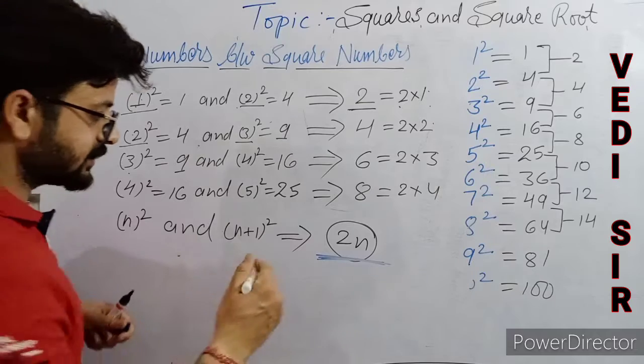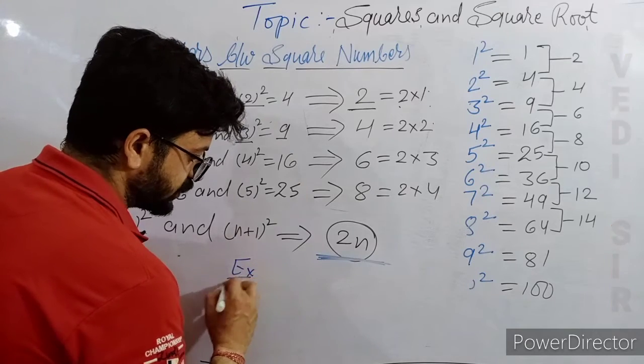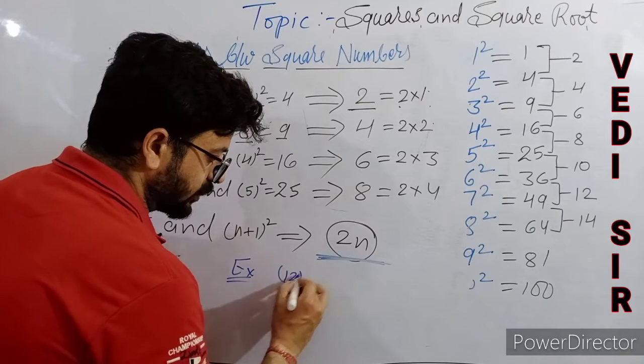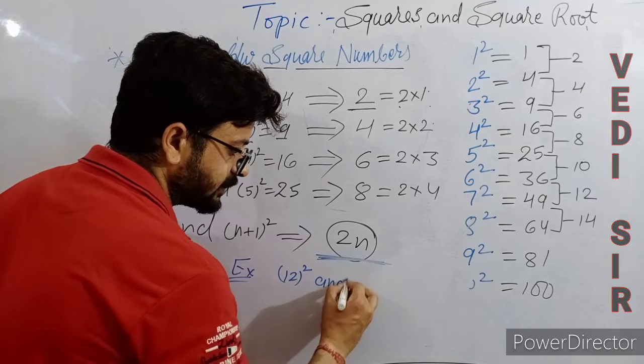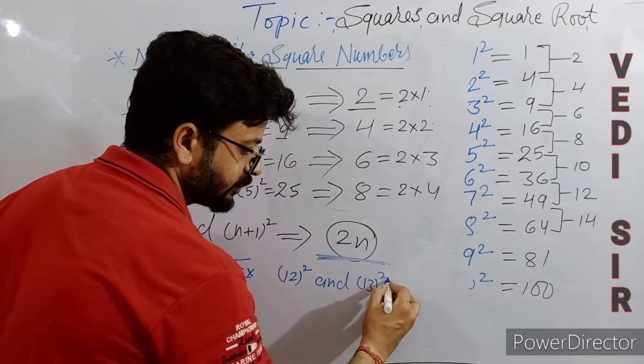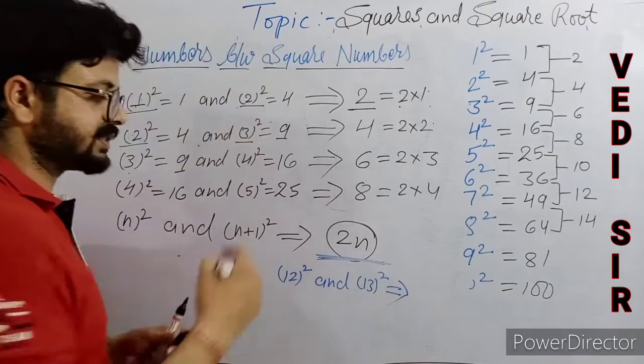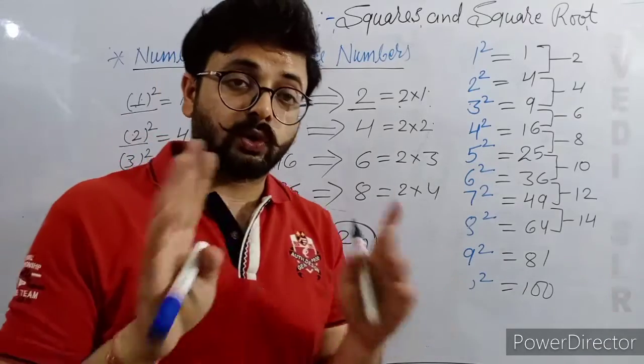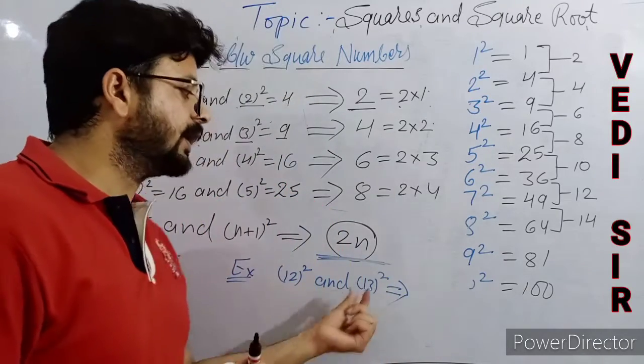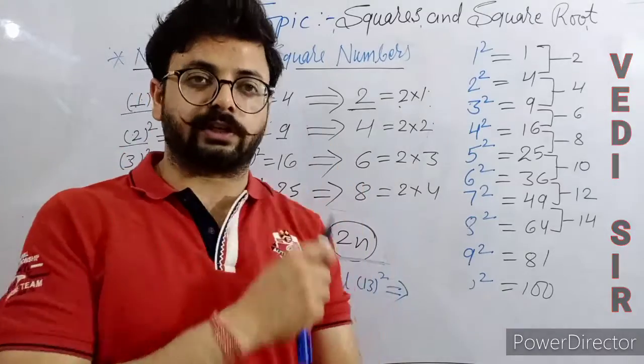Example: square of 12 and square of 13. Can you tell me how many numbers are there in between? No need to calculate the square of 12 or the square of 13.